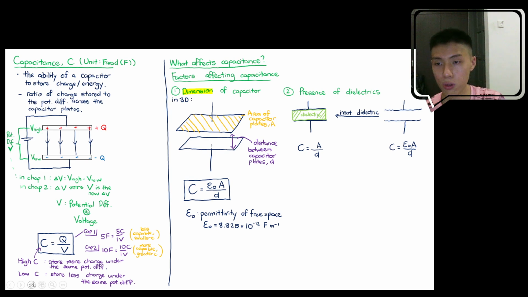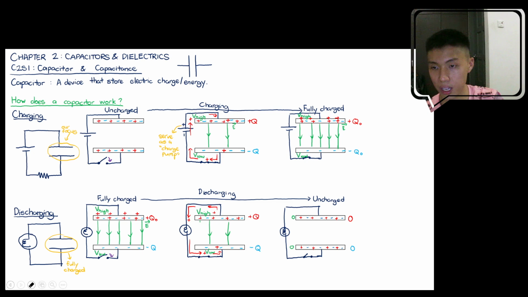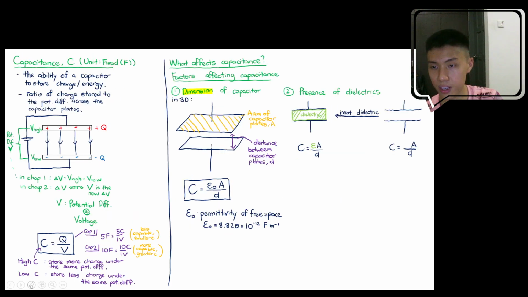So we are going to call it by just the symbol epsilon, permittivity. There's no naught at the bottom because it's no longer free space. So I just want you to take notice that the symbol has changed from having a naught to not having a naught right now.